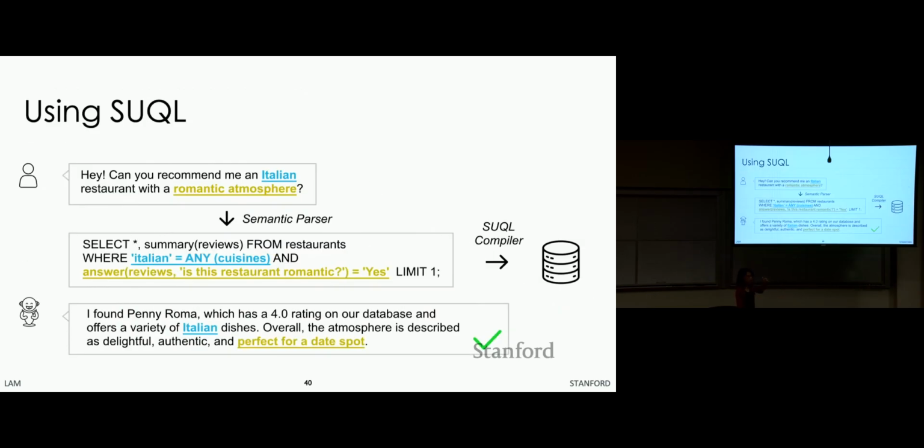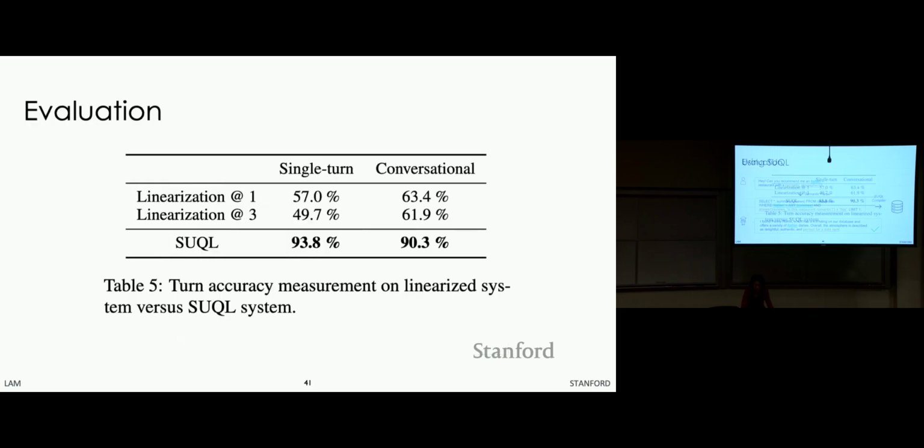But of course, if you're doing SUQL, we separate them: looking for the cuisine, and then for the reviews, we do IR on those reviews. Then you put it together and you get a better answer. The experimental result shows that in the single turn case, if I just return one answer, you are correct 57% of the time.